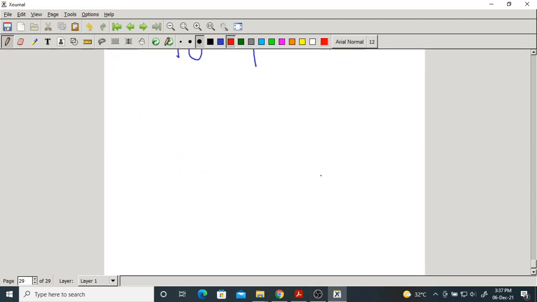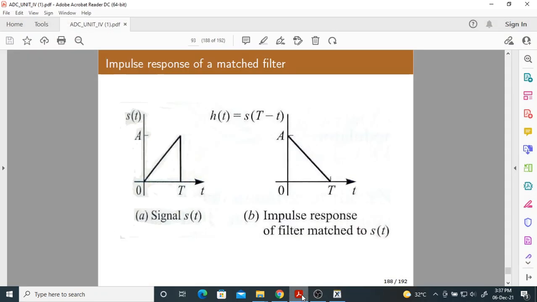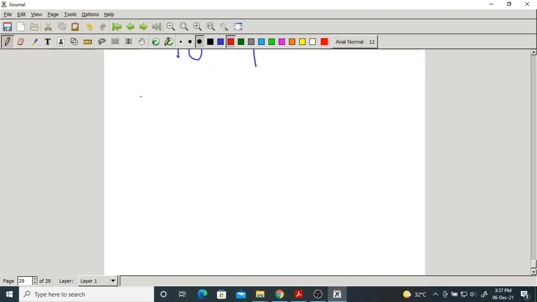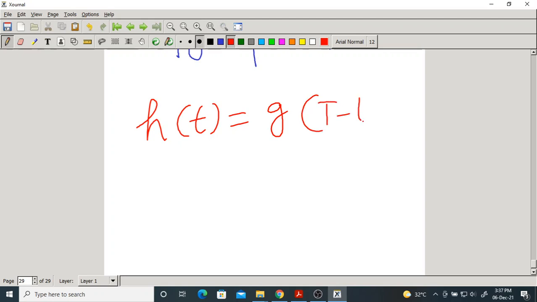What is the impulse response of the filter matched to g of t? It is a real signal, so it is simply g of capital T minus small t.